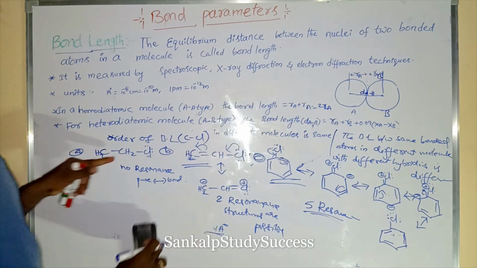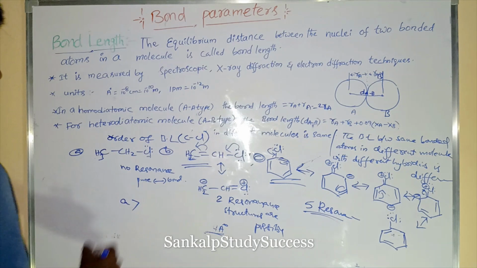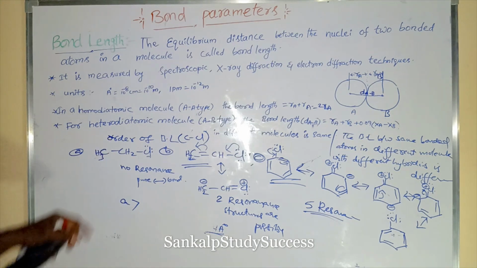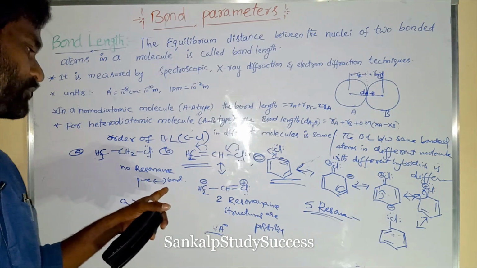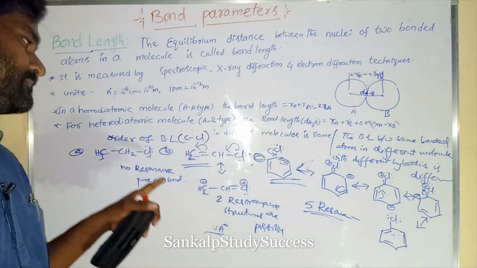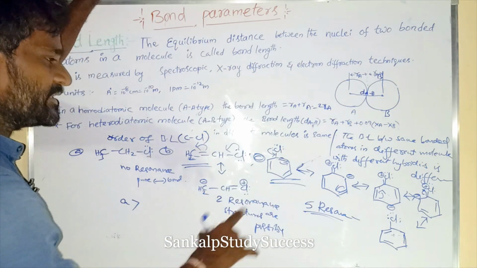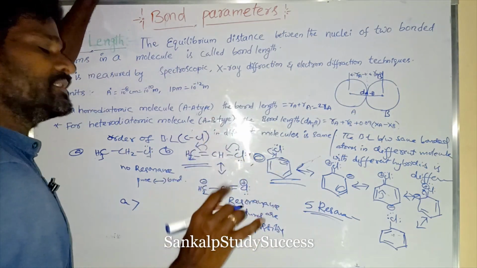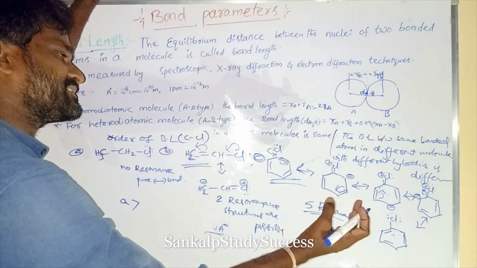So it is containing a single bond, so it is the first priority, A, the first one. Its bond length is very high because it cannot undergo resonance. It is a pure single bond, a pure sigma bond. But these two structures undergo resonance. Which can form more resonance structures?